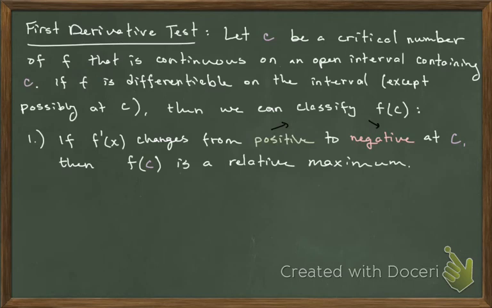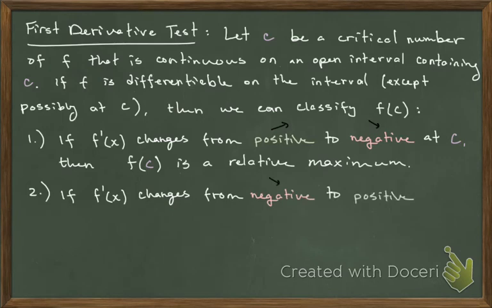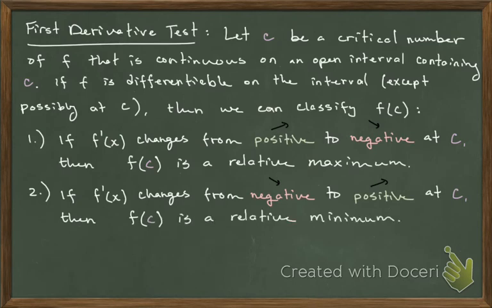There's a maximum somewhere there in between. And in fact, that maximum is going to occur at my critical number. Just the opposite, if f prime changes from negative to positive, and again in black there, I'm showing the arrows of my function, not the derivative, but the function. My function is going from decreasing to increasing, then f of C is a relative minimum.